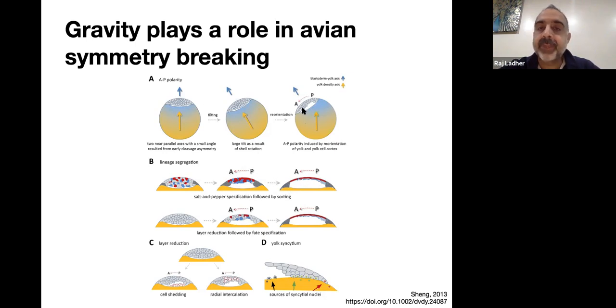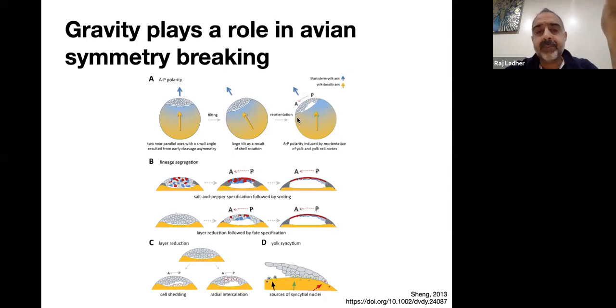Essentially, what symmetry breaking is doing is allowing sorting to happen within the avian embryo. For me, it's a slightly conceptually difficult thing to think about, that anterior and posterior cells exist in a random salt and pepper pattern, and then they sort out according to perhaps some gradient that's set up by the yolk density axis.